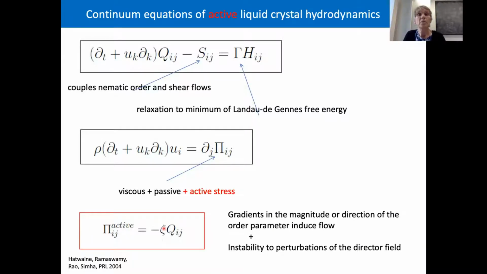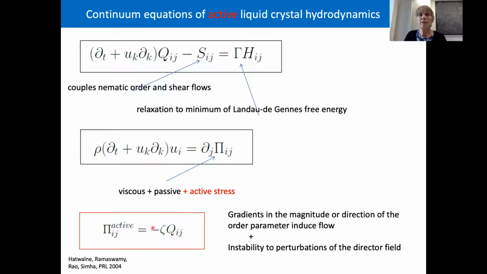That term takes this form. It's equal to some strength of the activity, zeta, times the nematic Q tensor. And it looks like this because this reflects the symmetry of the flow field. The important thing to note is that this comes in the stress. It comes under a derivative. And so any gradient in the order parameter, for example, at a topological defect, is going to give you stresses and it's going to give you flows.